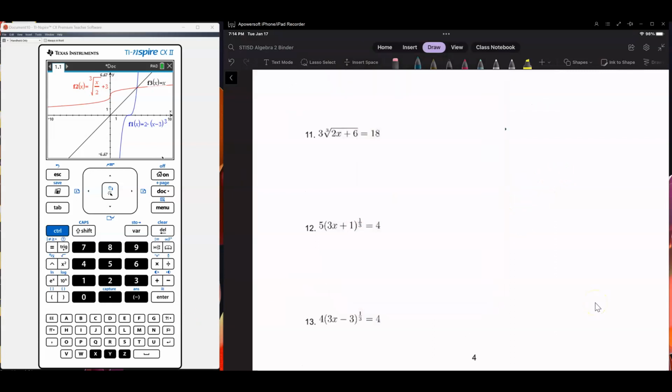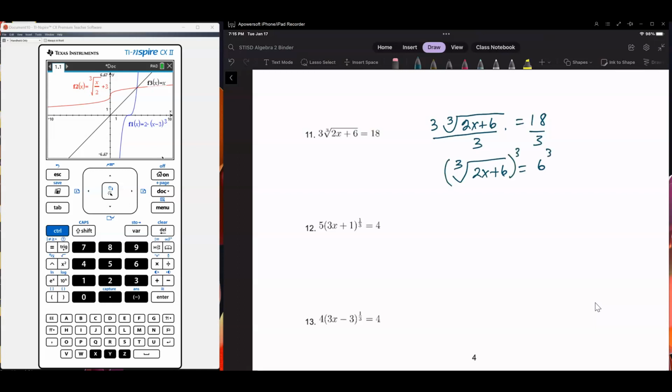Number 11, we have 3 times the cube root of 2x plus 6 equals 18. So we're going to go ahead and divide by 3. So we have the cube root of 2x plus 6 equals 18 divided by 3 is 6. Next, we're going to go ahead and raise it to the third power.